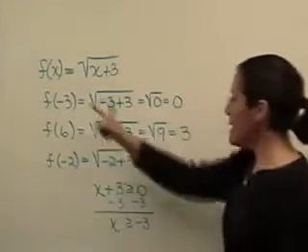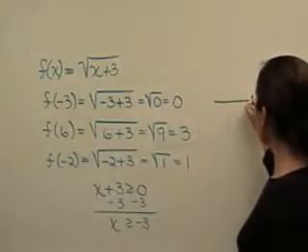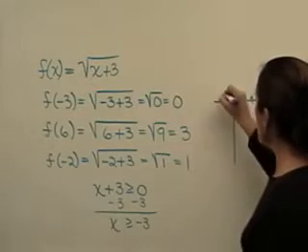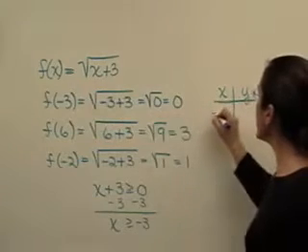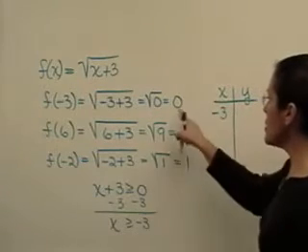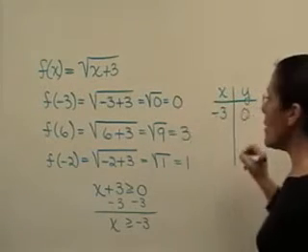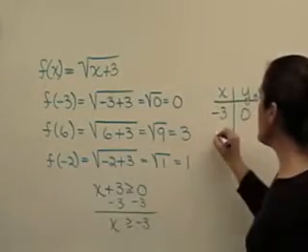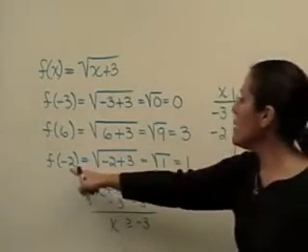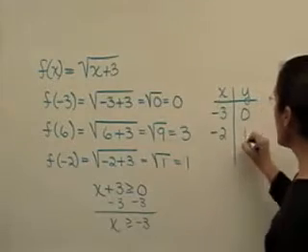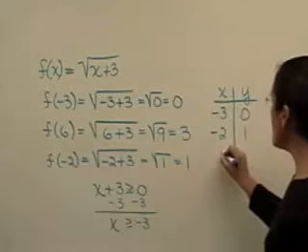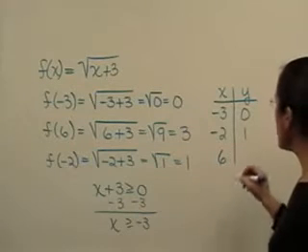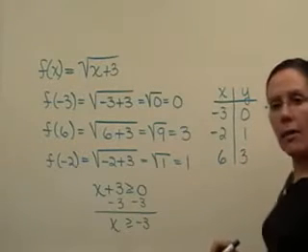And this is how you would graph this expression. If I had created a table, for example, when I put a negative 3 into this expression, I got an output of 0. I'm going to go ahead with this negative 2 next. When I put that in for x, I got an output of 1. And finally, let's stay with this 6. When I put a 6 in for x, I got a value out of 3.